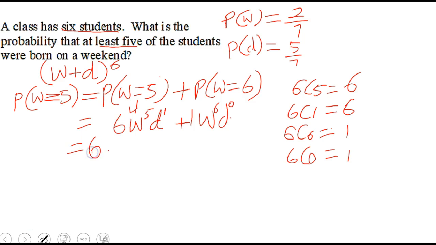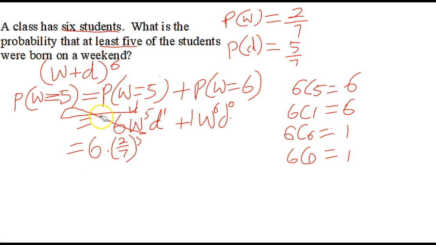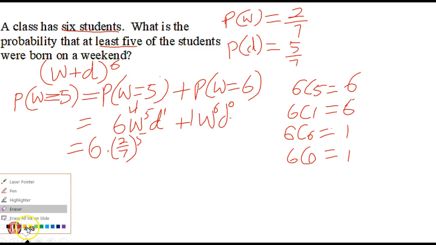So this is 6 times the probability of weekend, which is W, which we already have here as 2/7. So you're going to do 2/7 to the power of 5, because we have that power 5 there. Let me just get rid of that. Okay.